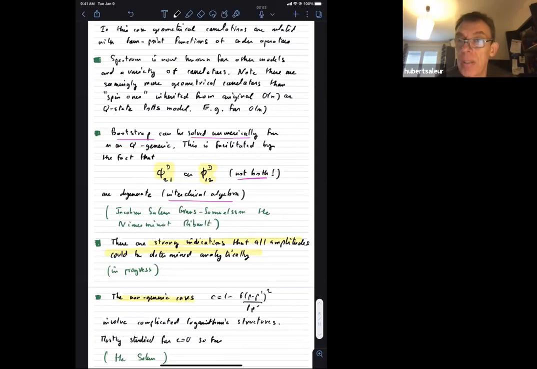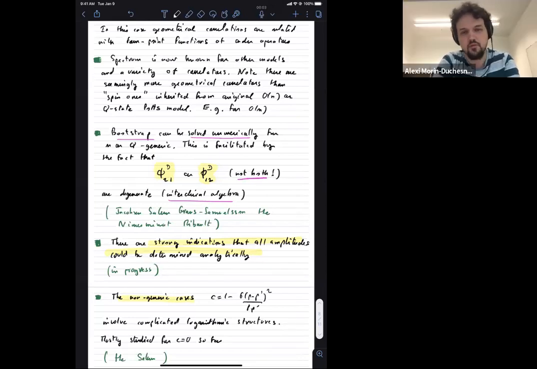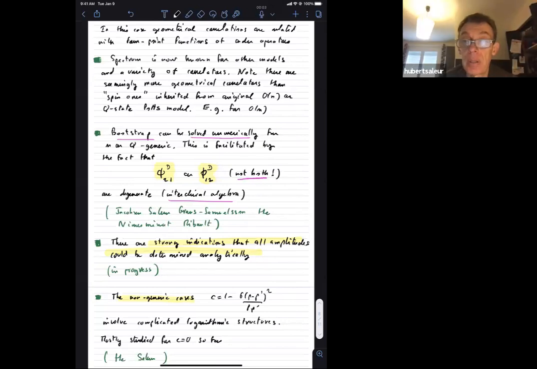Is this the question you were asking, Alexei? Yes, I think that's correct. So I understand. Also, do you expect this interchiral algebra exists for all values of the central charge? It seems to, yes, definitely. We have strong evidence for it. And in fact, it even exists for minimal models, which is something that we have never really written down explicitly.